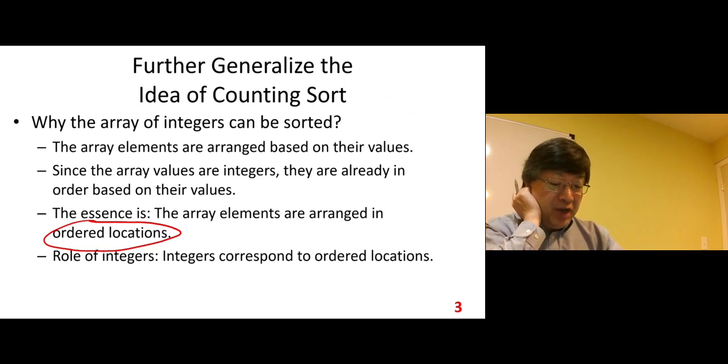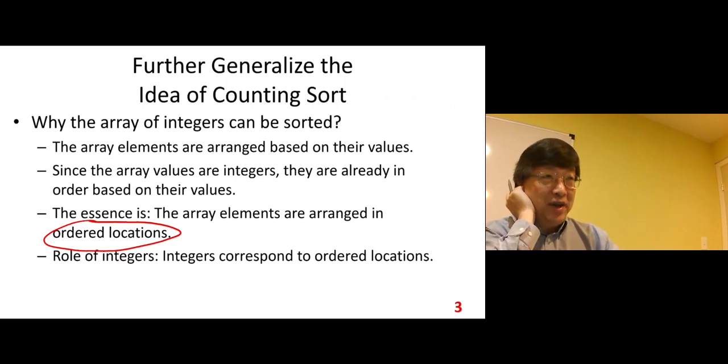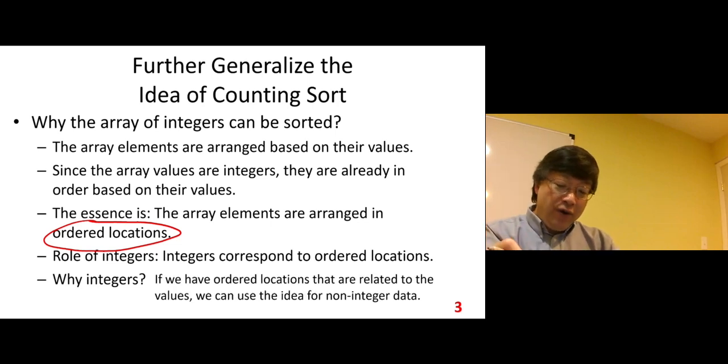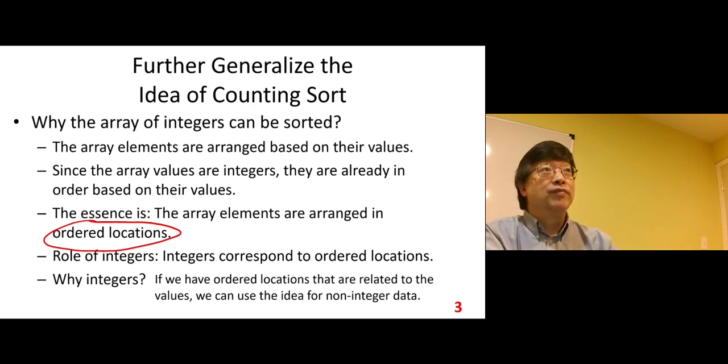Integers correspond to ordered locations. We emphasize this point again and again. Why integers? We can extend it a little bit. If some data types have similar properties, we can use this idea. If we have ordered locations that are related to the values, we can use the idea for non-integer data. An example is strings.